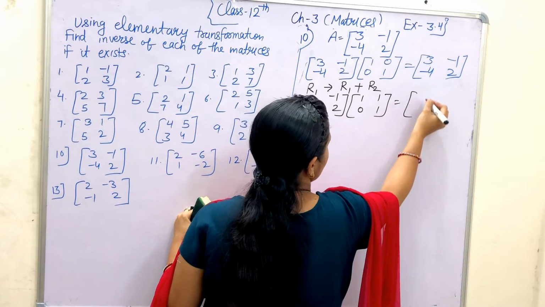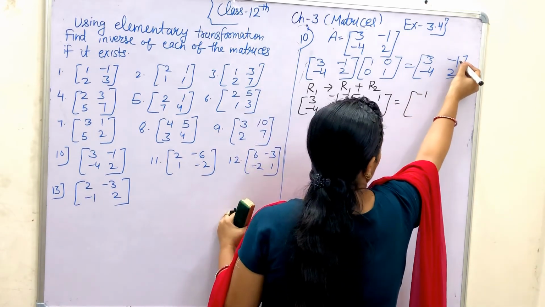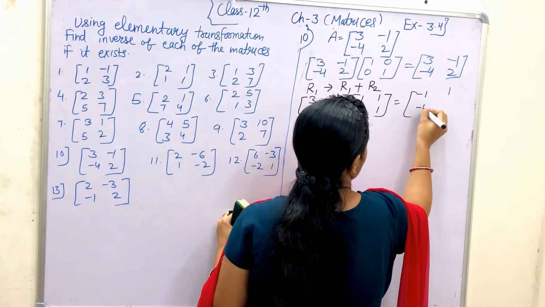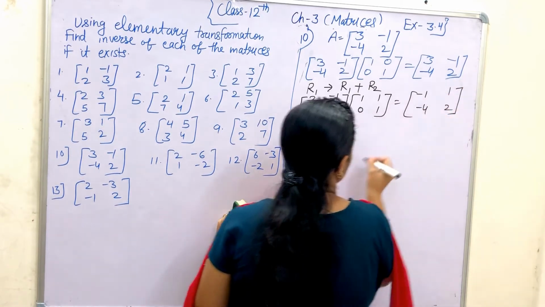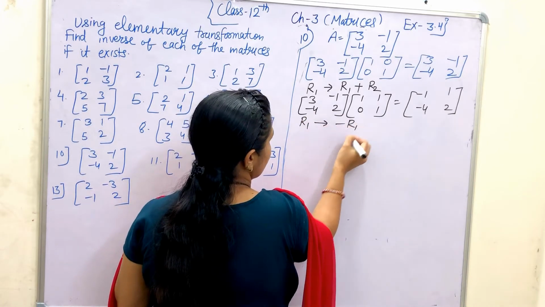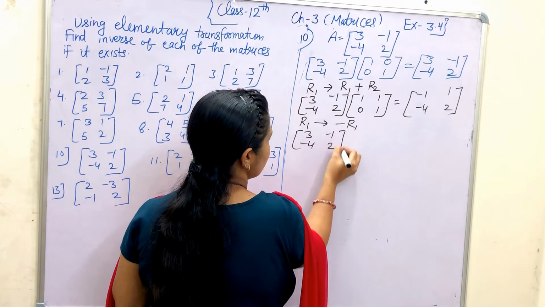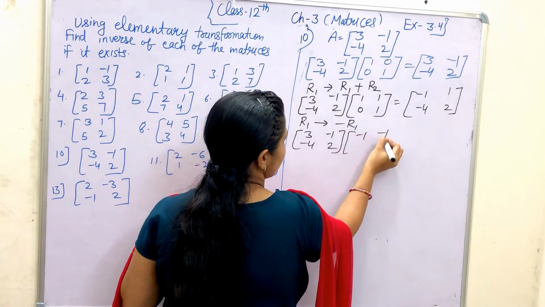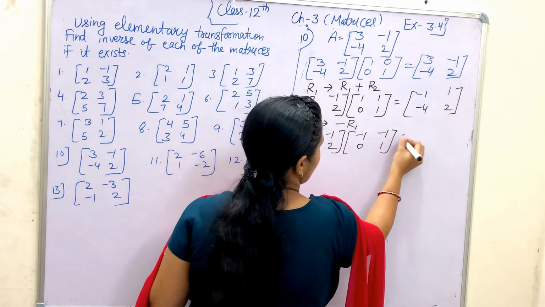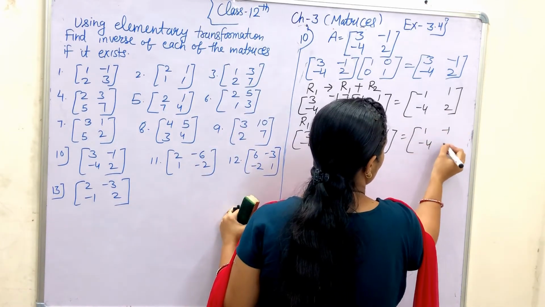Here we get minus 1, 3 plus minus 4, minus 1, minus 1 plus 2, that is 1, minus 4, and this is 2. We multiply our first row by minus 1. We get 3, minus 4, minus 1, 2, minus 1, 0, 1. Here we get 1, minus 1, minus 4, 2.